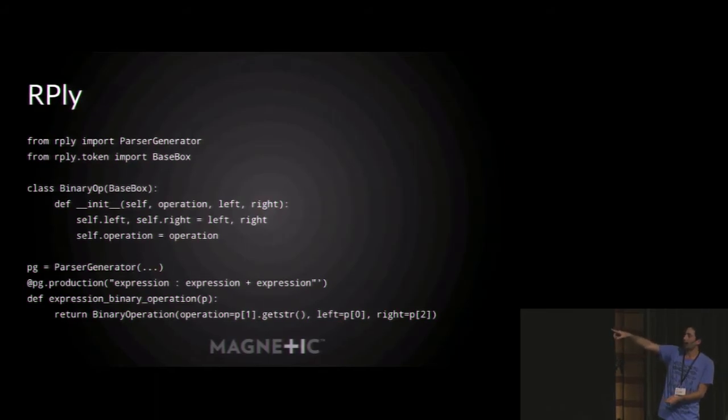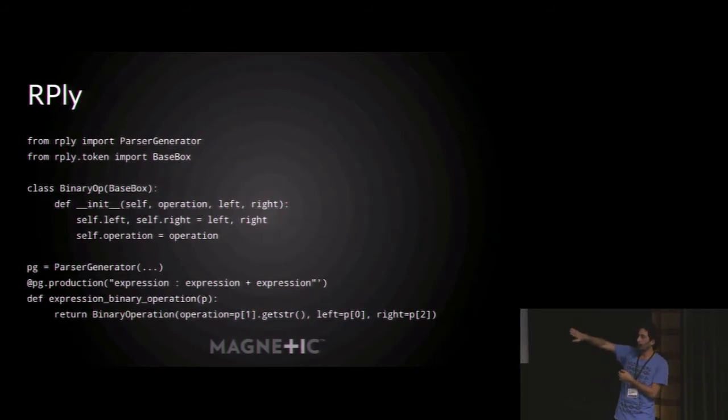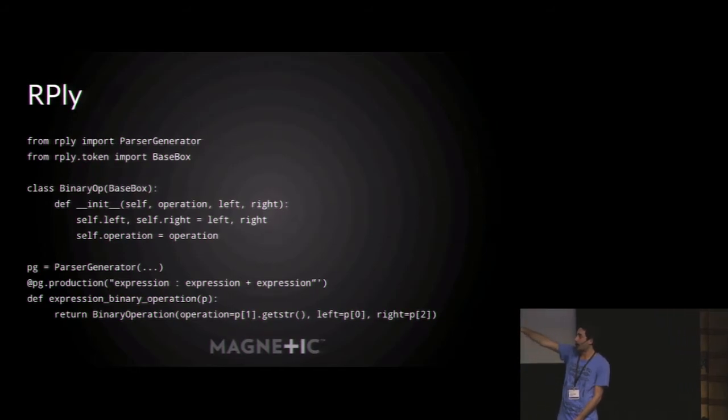You're free to return whatever you'd like as the result. So you use these decorated functions in order to actually produce your AST. Here you're saying, this is what an expression is, and when you see it, give me back a binary operation object, which I've managed to typo at the top there. Sorry about the name error.